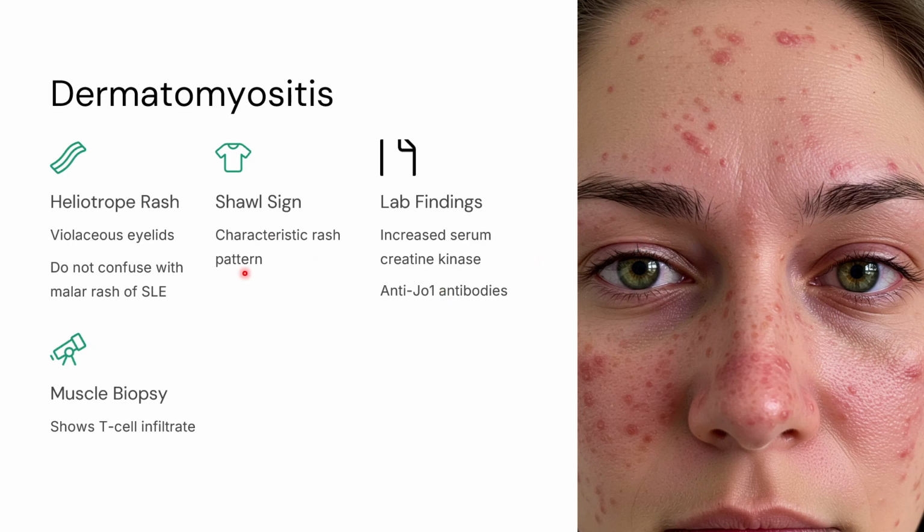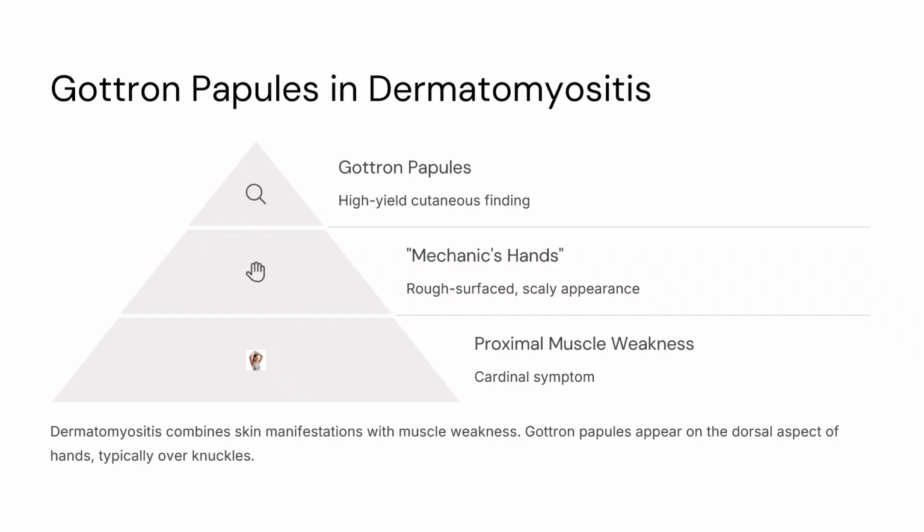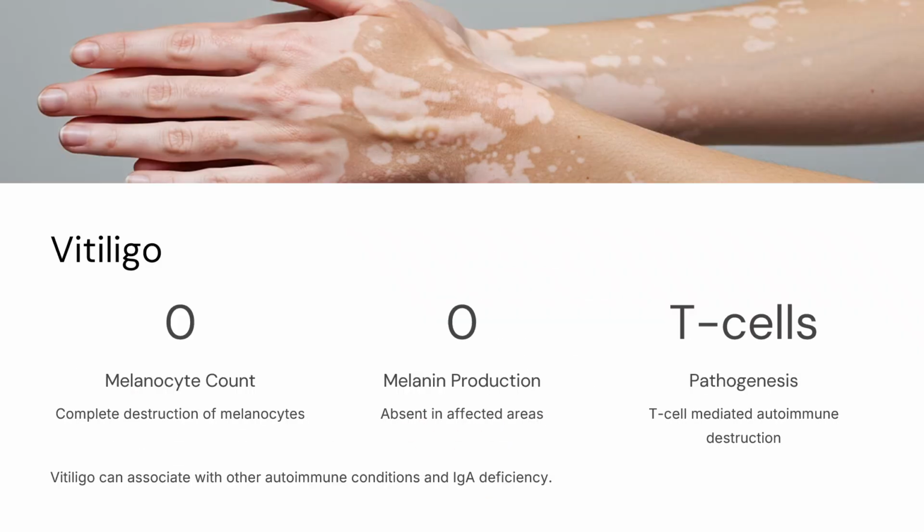Shawl sign is a characteristic rash pattern seen on the back, that is in the scapular area where the shawl is worn. The third is Gottron's papules, which are also known as mechanic's hands because of the rough, scaly appearance seen on the extensors. So dermatomyositis will have both the skin manifestations along with the muscle weakness.